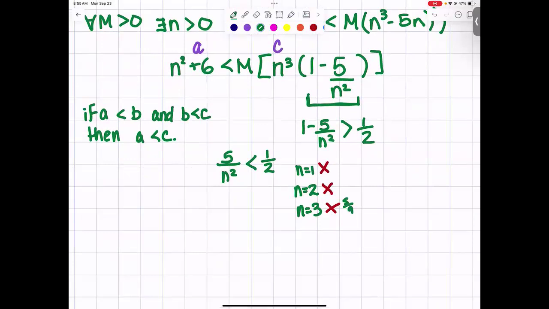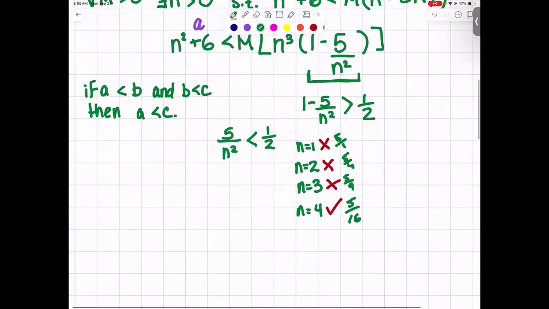Here we're going to do n equals 4, and we end up with 5/16, and that is indeed less than 1/2.